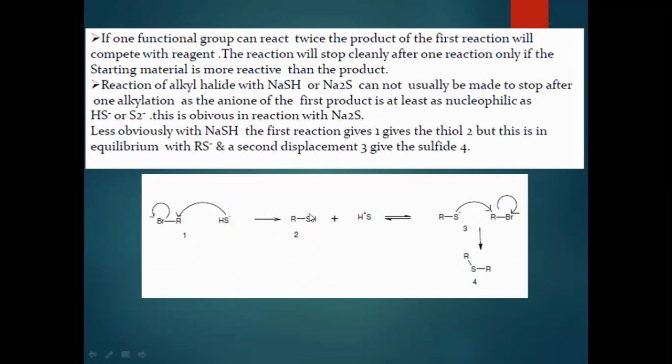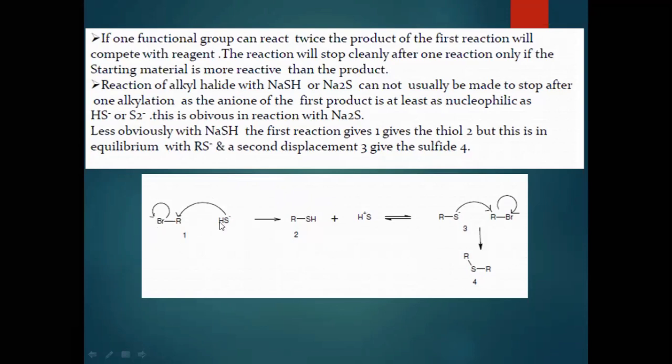So in such cases, this S minus prefers to attack over the RBr, and the resultant will be this sulfide formation. So here your aim is to get only RSH as the product, but during the reaction you won't get RSH, you will get this sulfide because of more reactivity of the product formed in the first step. If only the reactant is more reactive and the product formed is less reactive, then you can expect RSH as the end product.